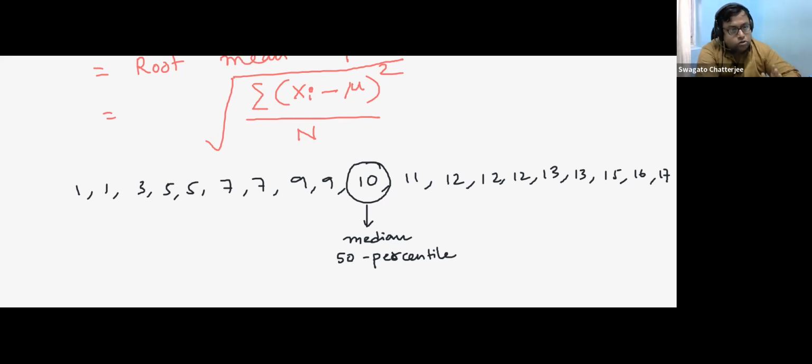If you try to find out very specifically, it will be a weighted average of these two numbers, with this giving 0.75 weightage and this giving 0.25 weightage. So 4.25 is somewhere in the middle of 4 and 5.